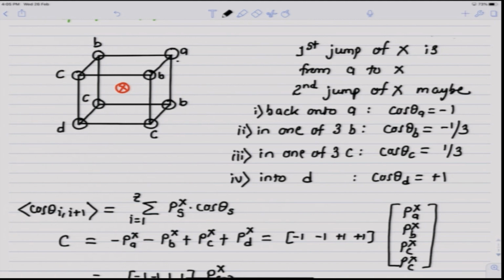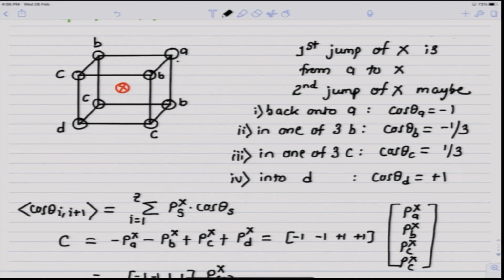Anywhere else, if the vacancy jumps, then we assume that the vacancy has escaped. Similarly, if from the outside the vacancy arrives at any of these sites, the first or second coordination shell of x, it will be taken as a random vacancy jump.